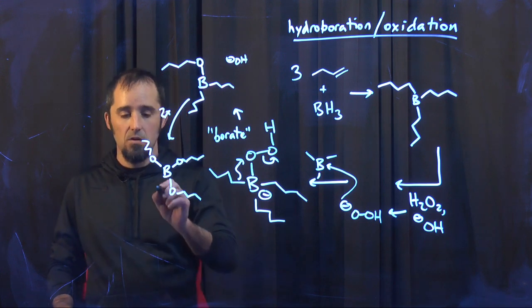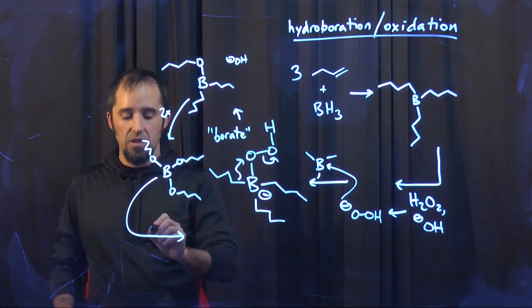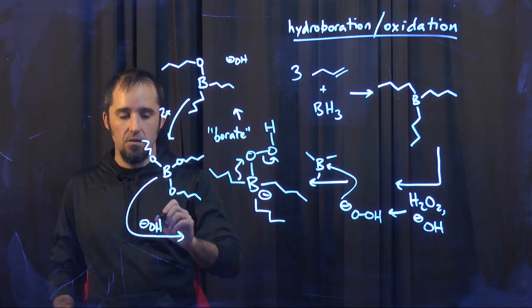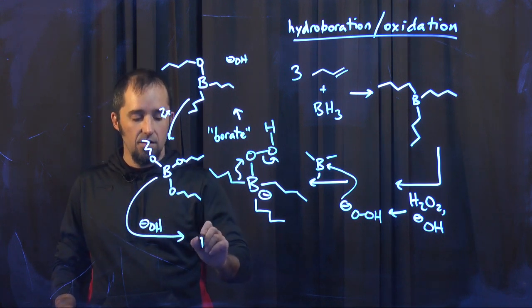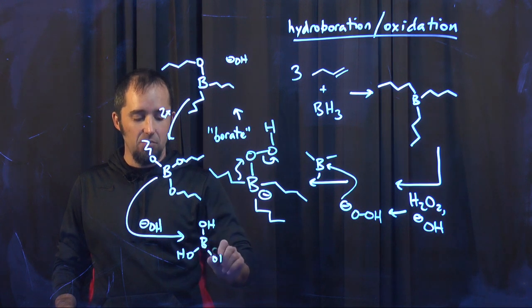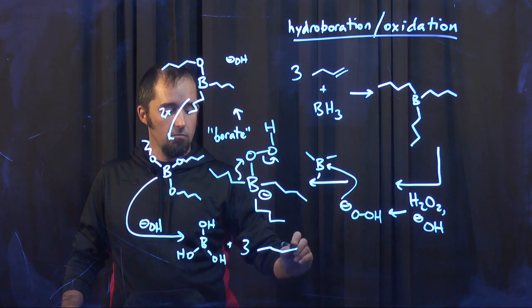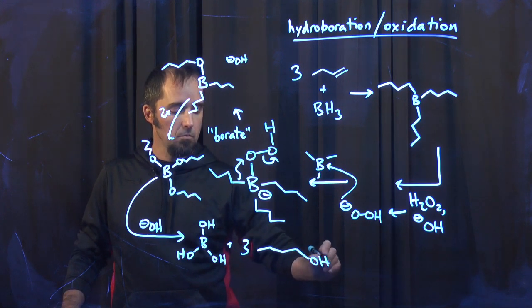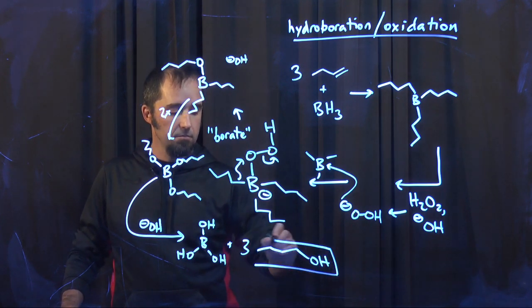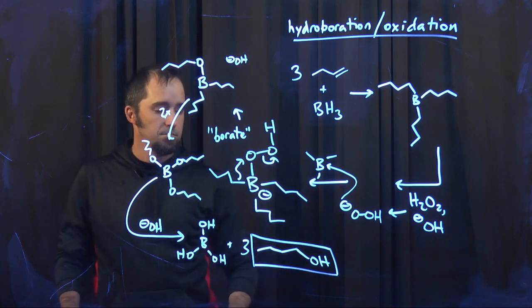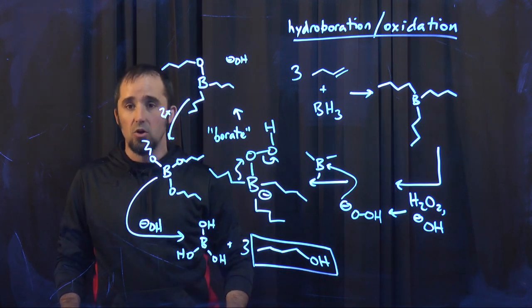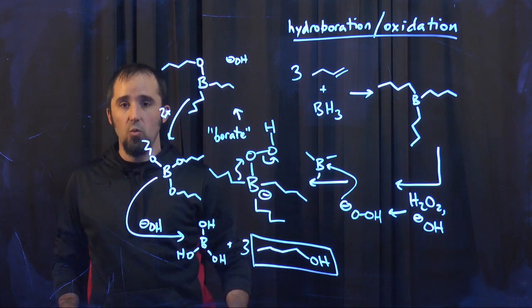And now, plain old hydroxide will hydrolyze all of that, essentially giving me borax on one end and 3 alcohols. So, cool. Now I know a new way to make alcohols.